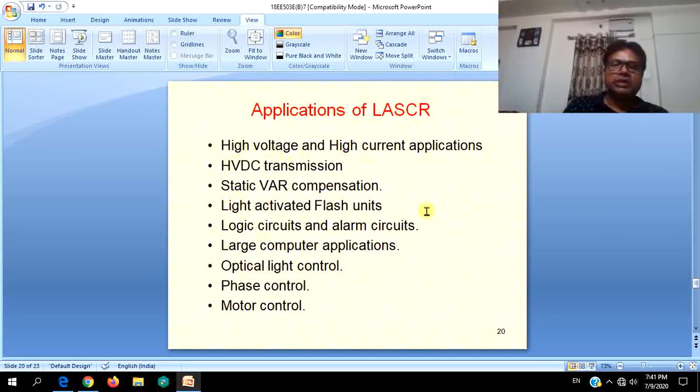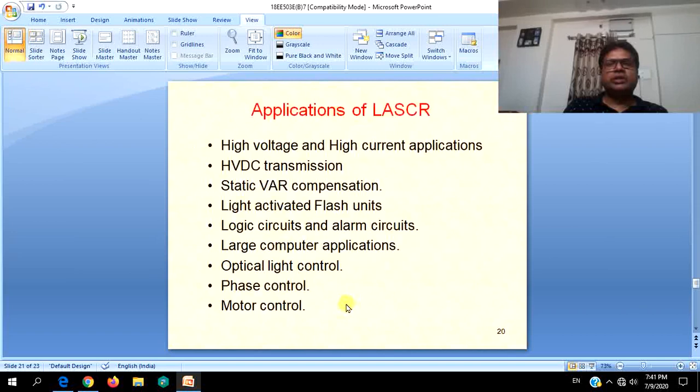So most of the applications will be focusing on electrical isolation. They are again HV, high voltage and high current applications: HVDC transmission, static wear compensation, light activated flash units, logic circuits and alarm circuits, large computer applications, optical light control as the name indicates, light activated phase control, motor control.